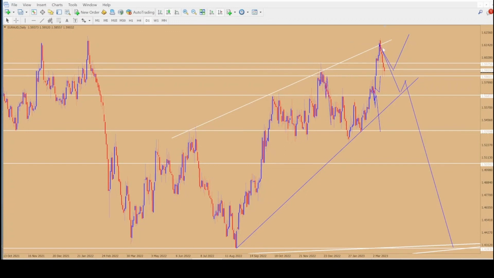So EURUSD has done really well, so we look forward to see how it continues to play out. So if we see a significant bullish close above the 1.5975 area, we could see higher prices, as high as 1.6185 area, and even much higher.